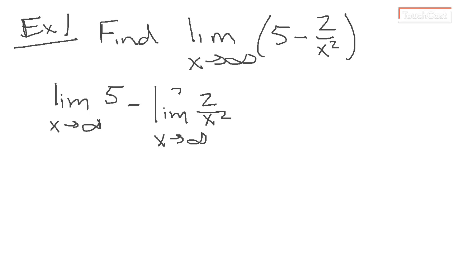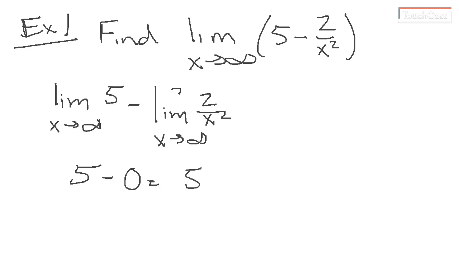Now, from our limits chapter, we learned that this first part, the limit of 5 as x goes to infinity, is equal to 5. And from the theorem we just wrote, this second part, the limit of 2 over x squared, is going to be 0. So we're going to go 5 minus 0, which is equal to 5.